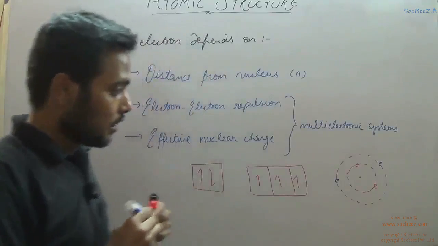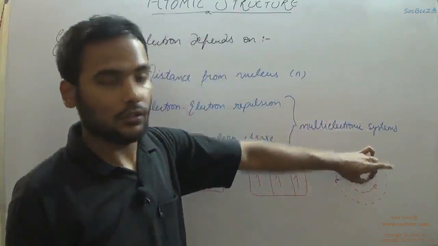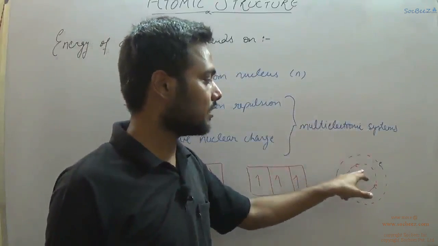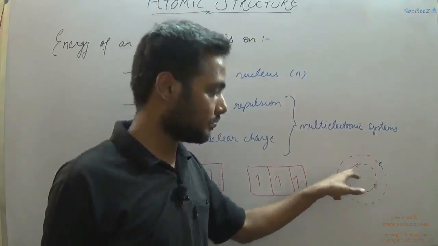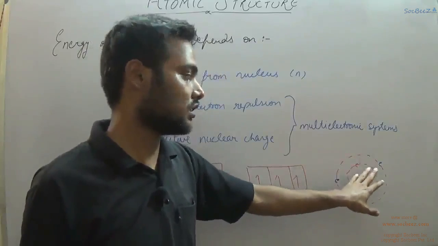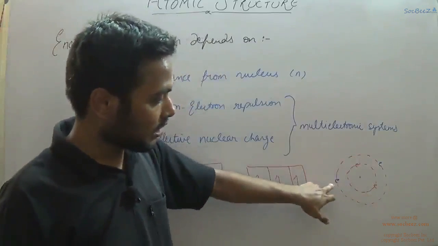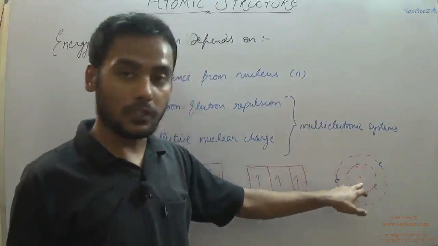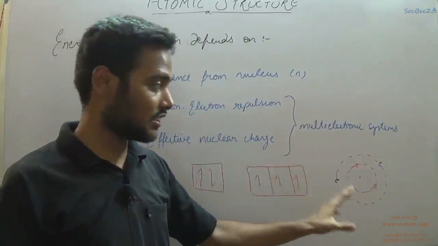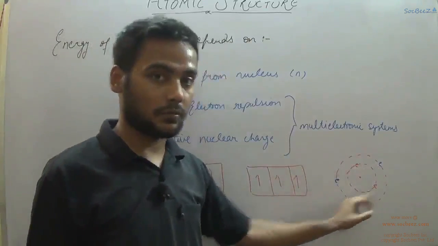Now these electrons cannot see the nucleus directly. Although we have shown the location of an electron, please bear in mind this is not the exact location, this is just for representation. Because of the 1s electrons, the electrons of the 2s orbital cannot see the nucleus directly, and what is hindering them is the electrons of the 1s orbital.